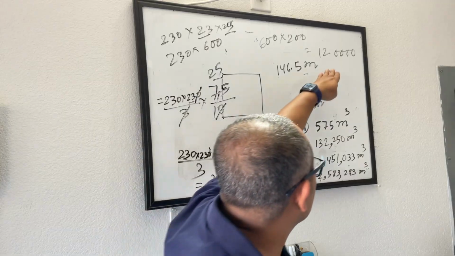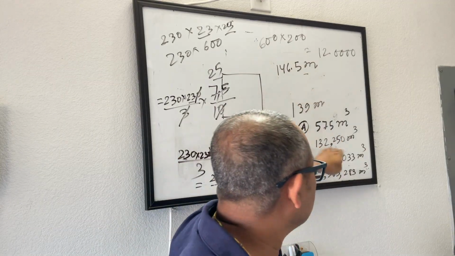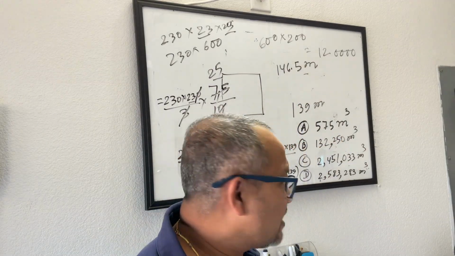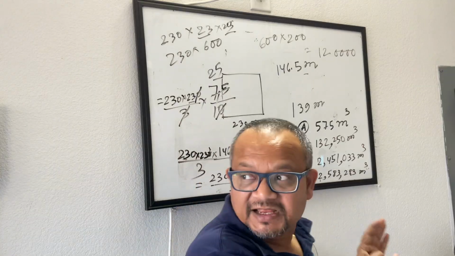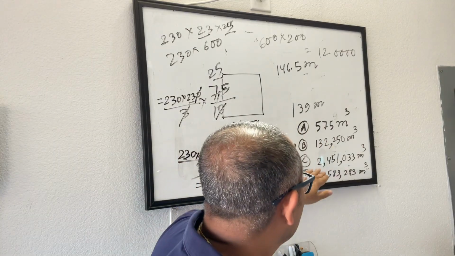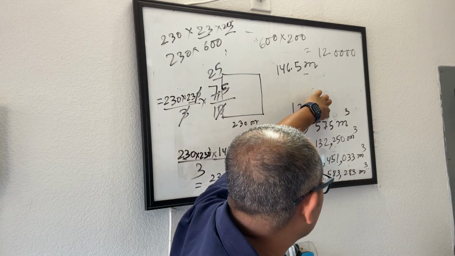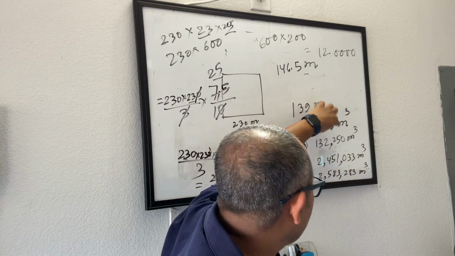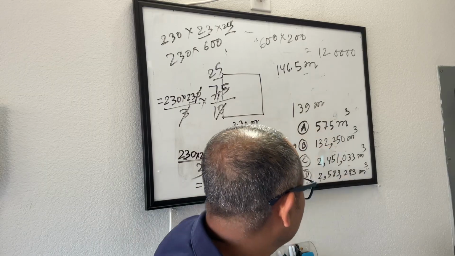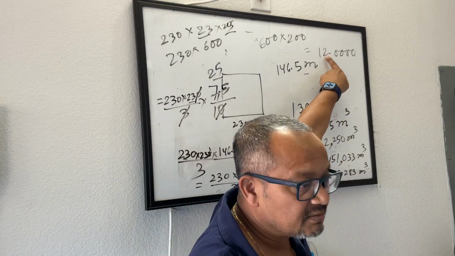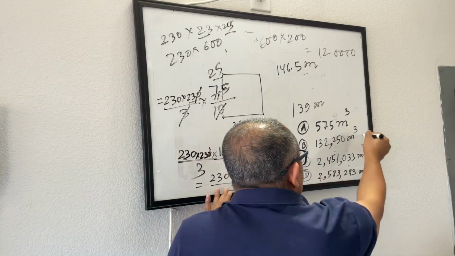Which is the closest number to this? This one. I don't need a calculator for this. What I'm saying is, we don't have to match the exact value. See, all these options have huge differences. This one is only 575 meter cube, and this is 2 million, this is 2.5 million. We are somewhere in the middle. I'll just go for this one.